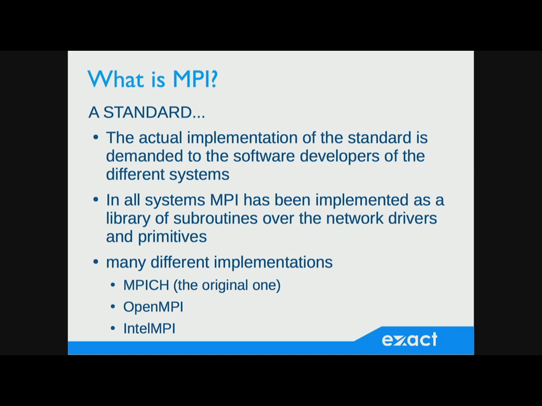Then came something called LAM-MPI that merged with other projects, and now we have OpenMPI, which is currently the standard for people who don't want to buy Intel MPI, because that is a commercial implementation. Both are free of charge, and you can download and install them.